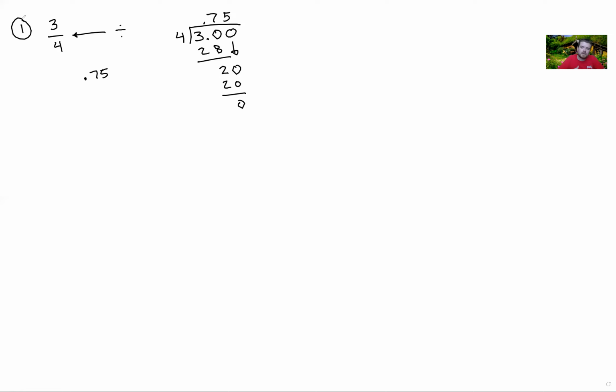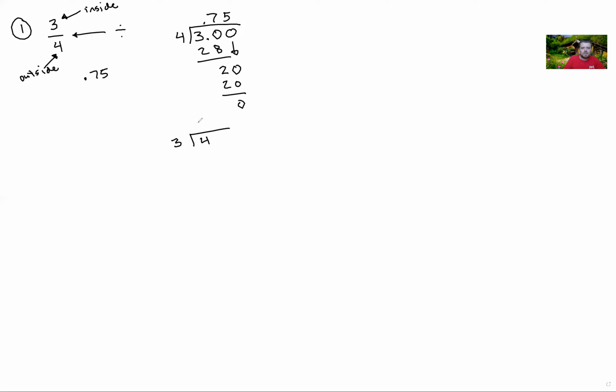Now, I mentioned a second ago that it's important that you put the correct number on the inside and outside. So if you need to make a note of that, okay, number on the top, that goes inside. Number on the bottom, that goes outside when you're doing long division, okay? If I had flipped this, and let's say on accident, I put the numbers flipped, 3 going into 4.